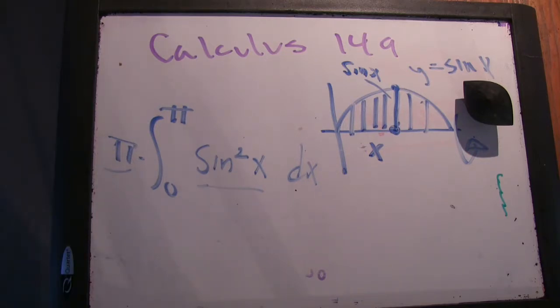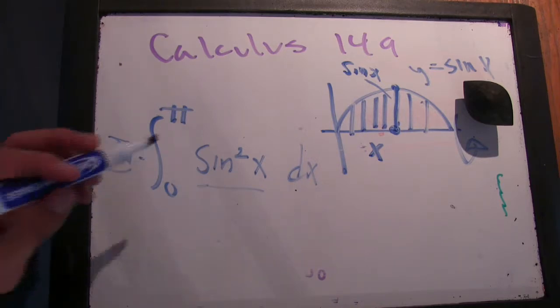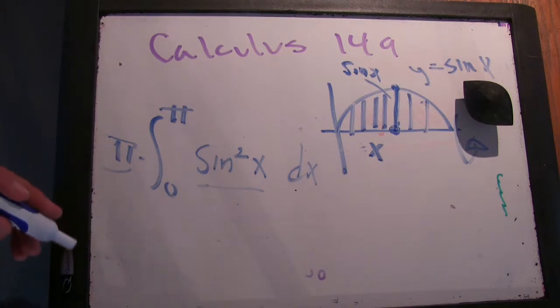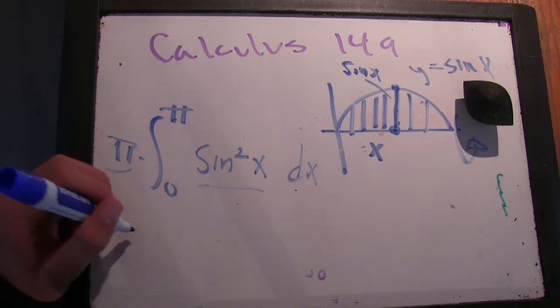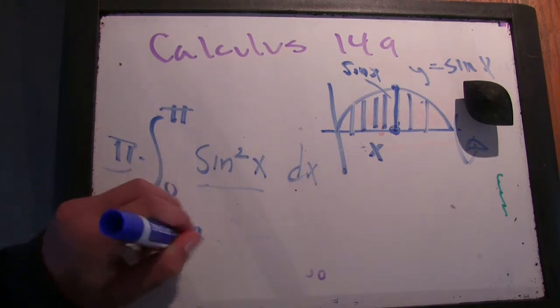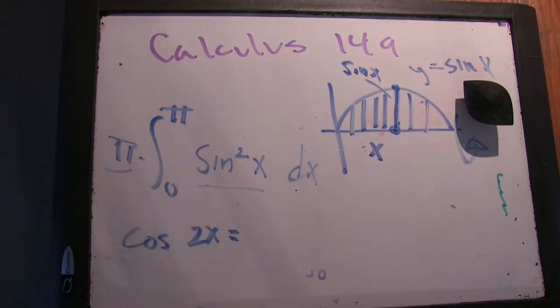I believe you want to look at what cosine of 2x is. I think it's 2 cosine x sine x.